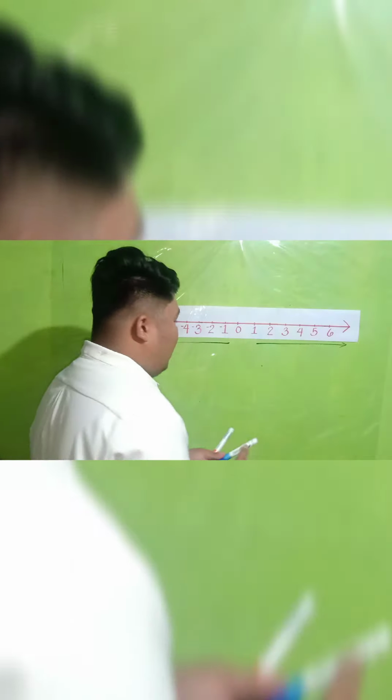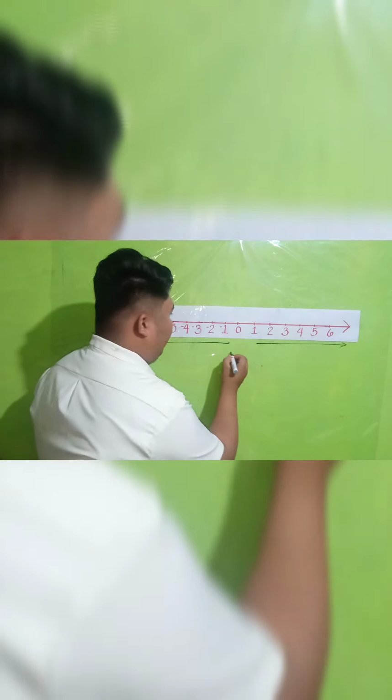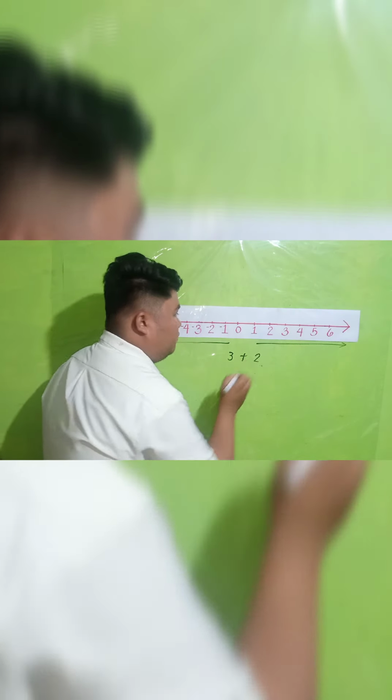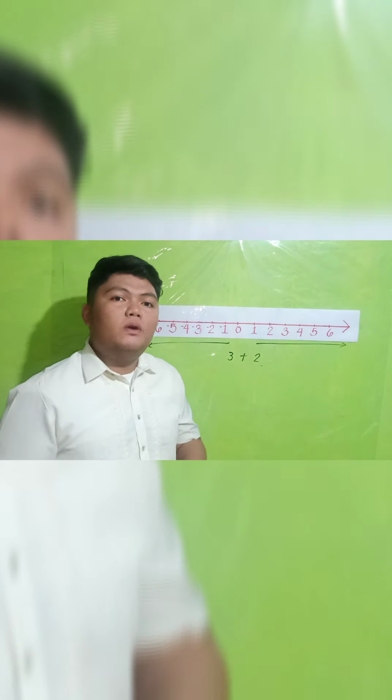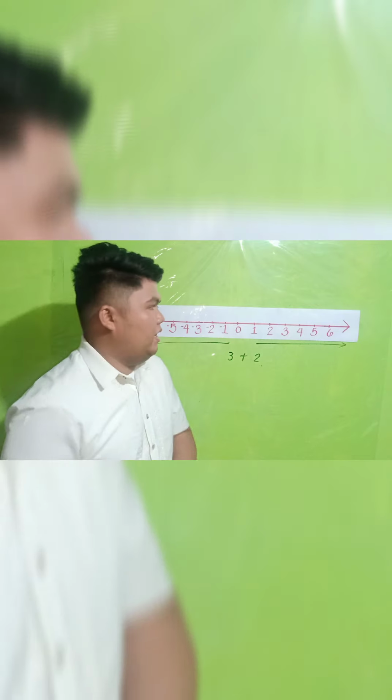Let's try to add integers with the same signs or like signs. Okay, so let's try positive 3 plus positive 2. But before that, I would like to tell you how we are going to use a number line.